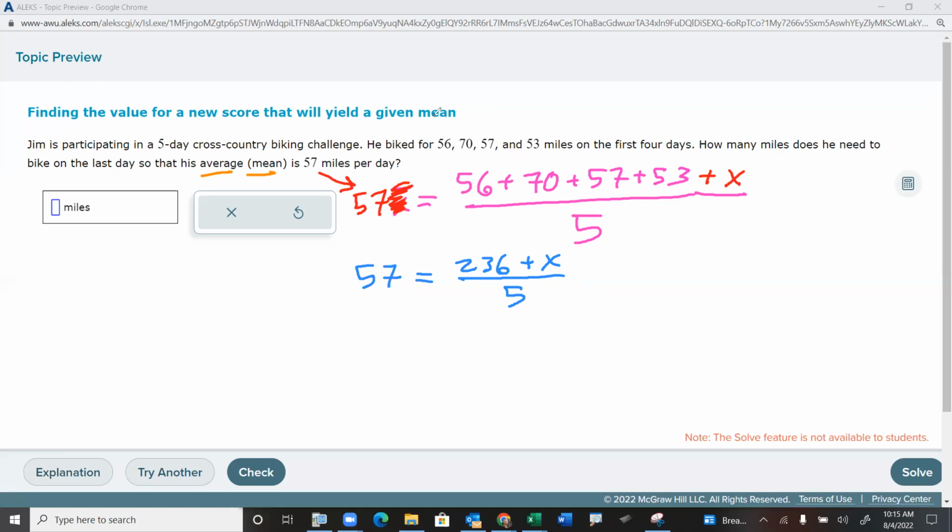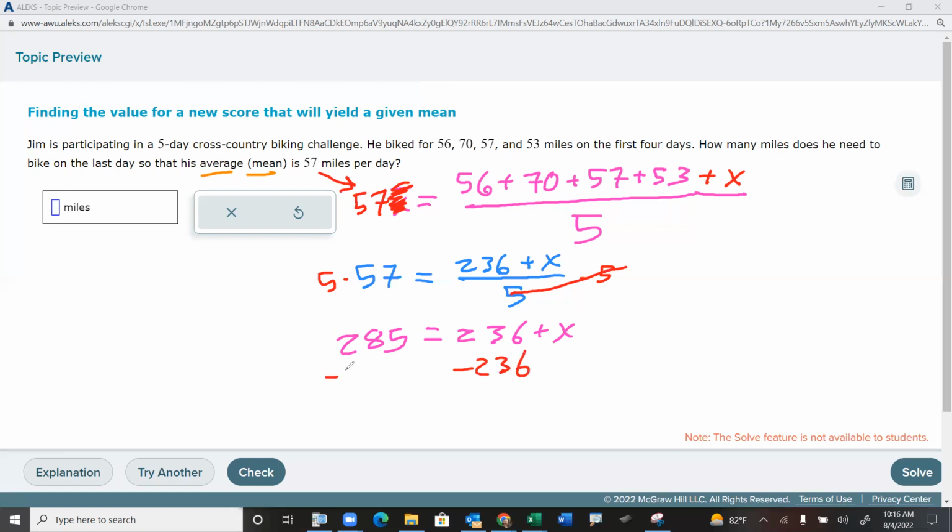All right. So now let's multiply away that denominator because it would be really cool to not have fractions, wouldn't it? All right, so then we'll have 236 plus x equals, and I better just multiply that on the calculator so I don't get it wrong for the video. 285. Okay, and then not much left to do.